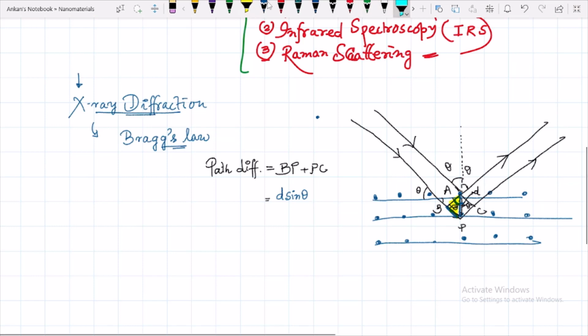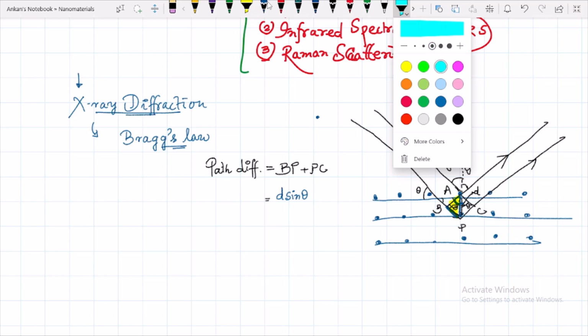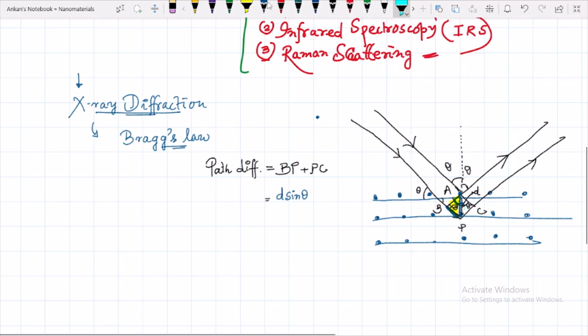Similarly, from the APC triangle, PC will be equal to d sin theta. This is theta, so this will be d sin theta, d sin theta. So that path difference becomes 2d sin theta.